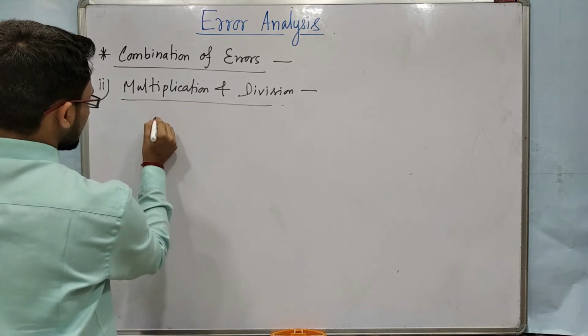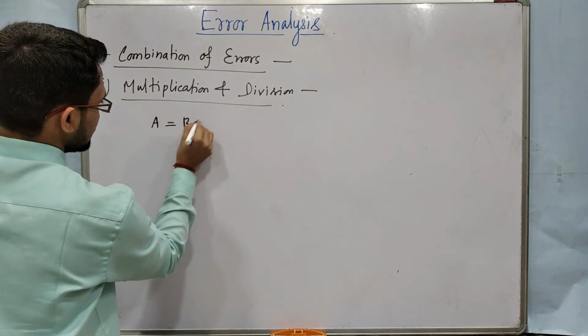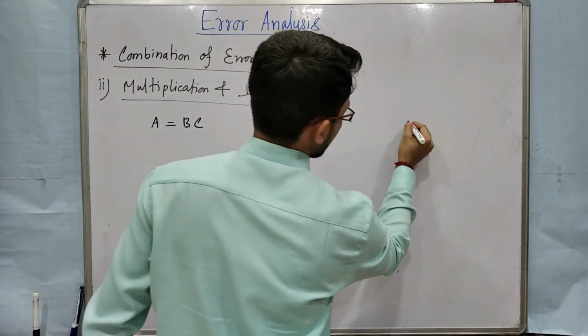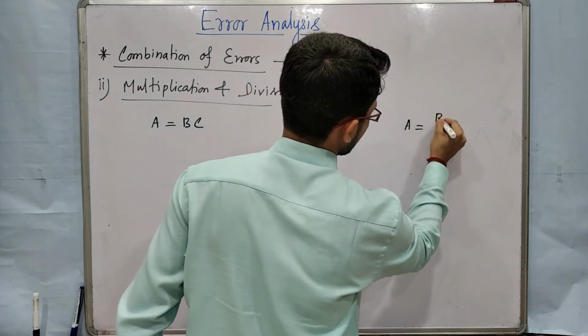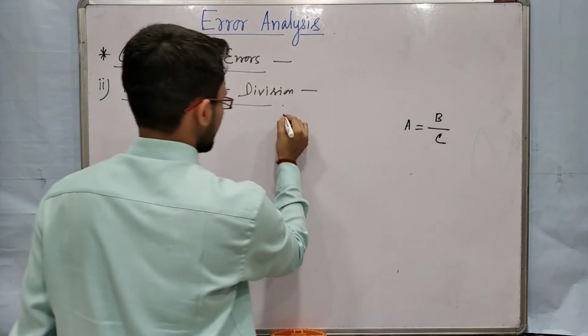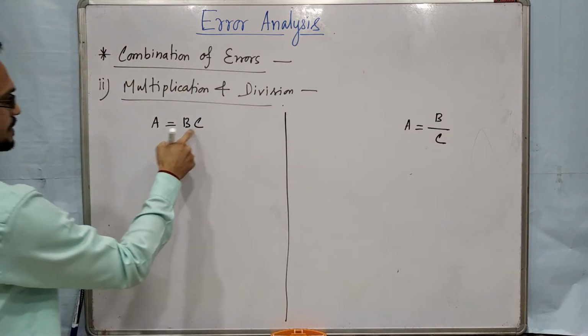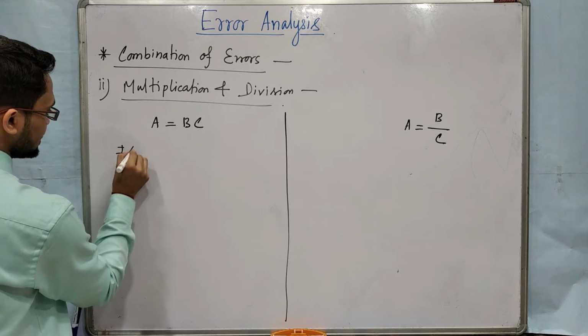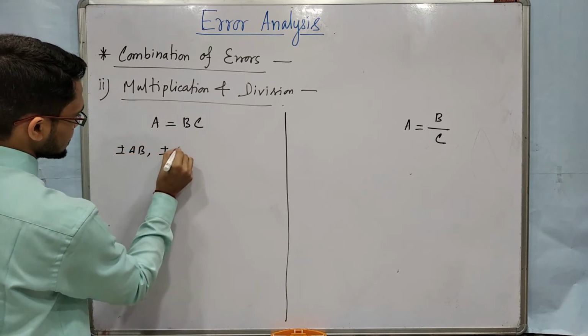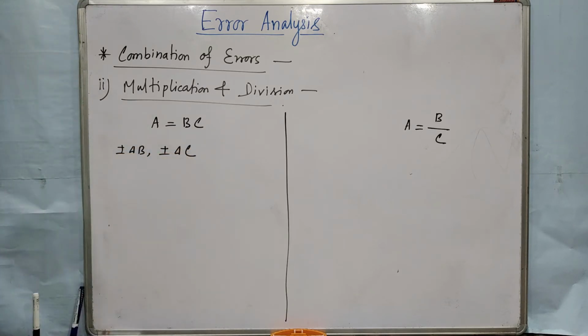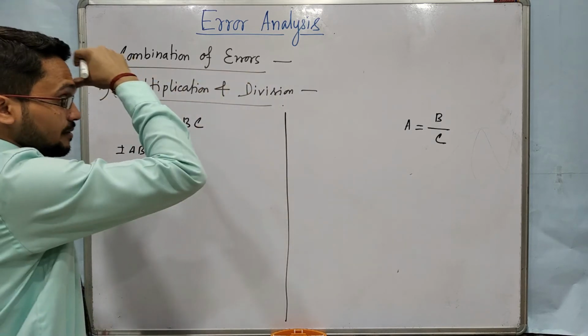Suppose A equal to B into C, and another equation is A equal to B by C. Again the limiting errors in B and C are plus minus delta B and plus minus delta C. They are also the same thing.